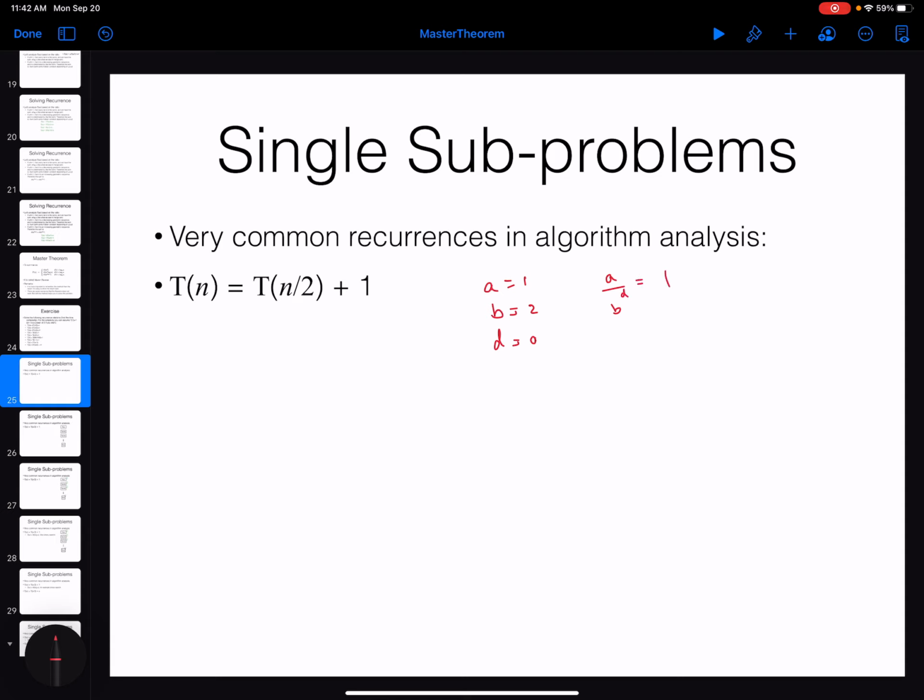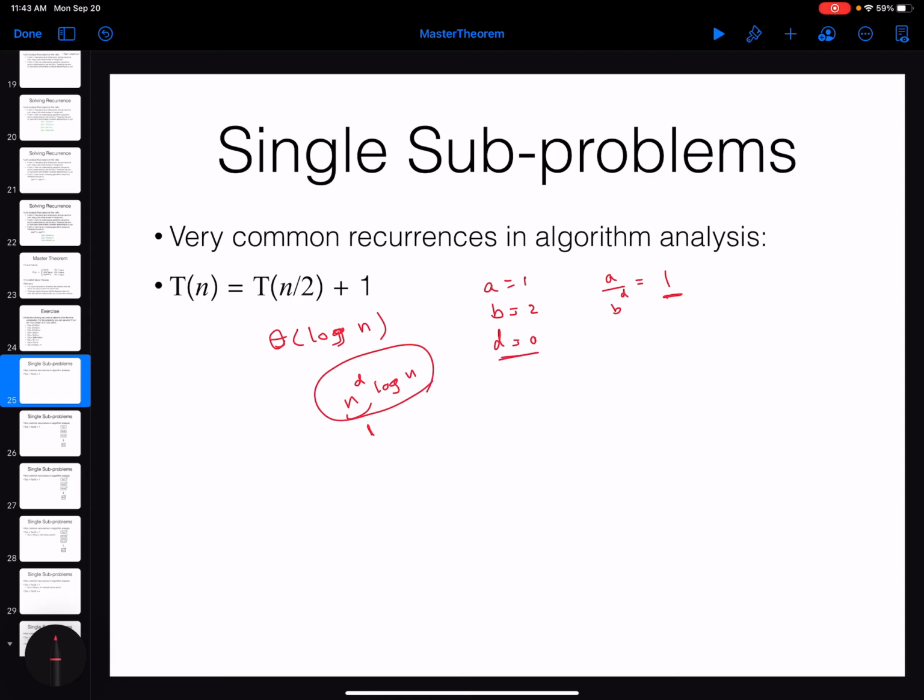So I can simply conclude that this is going to be theta of log of n. The ratio was equal to 1, so it would be n to the power of d times log of n. n to the power of d is going to be 1, since the value of d is 0, and so the total is going to be log of n.